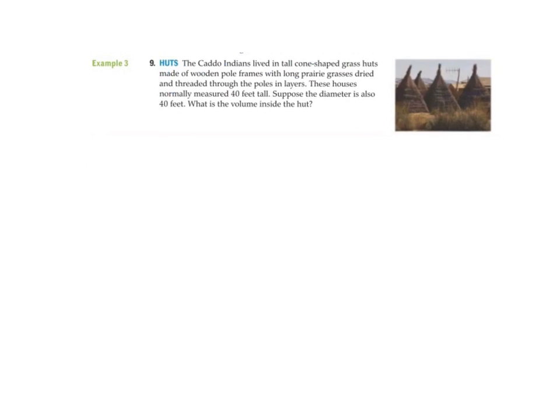Okay, so again, let's have a look at example 3 in real life. It says that the Caddo Indians live in tall cone-shaped grass huts. So the moment you see it's a tall cone-shaped, your formula is going to be V equals 1/3 pi r squared h. Okay, so again, calculator job, 1/3. I'm putting everything in parentheses again, pi. The radius, it does tell you that the diameter is 40.